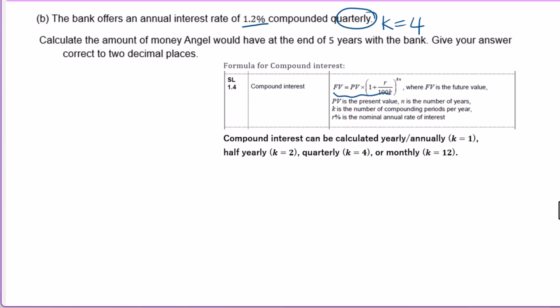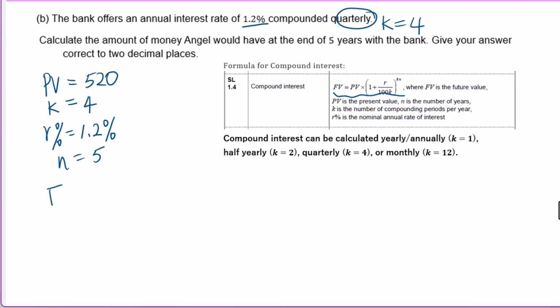We will use this formula. We are looking for FV. PV, present value, is 520. K equals 4, R percent equals 1.2%, N equals 5.